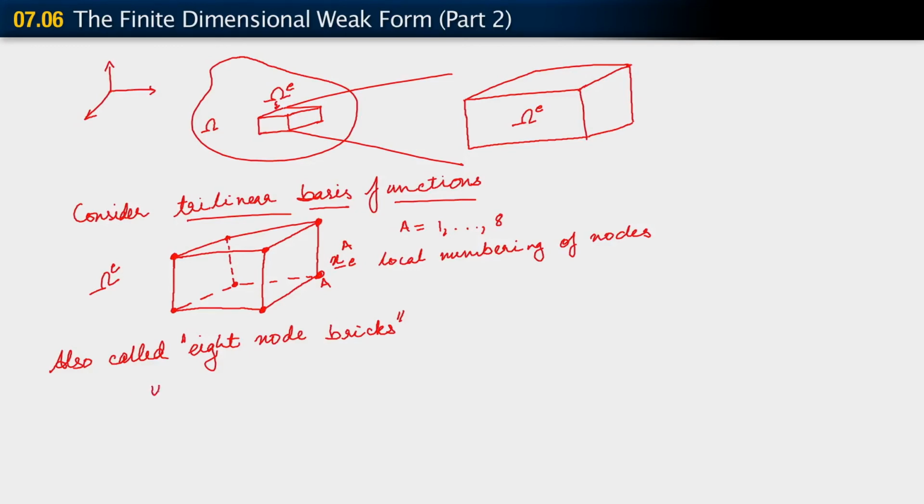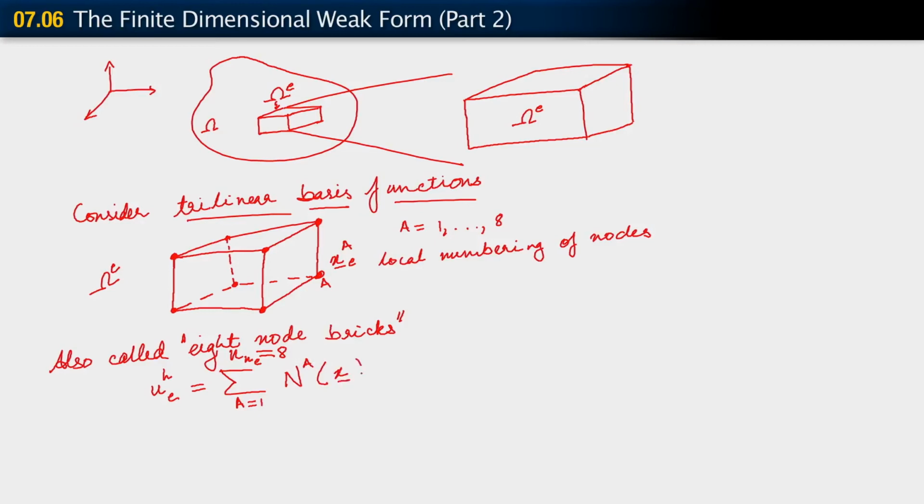So now what we have is u^h in element e, which is the sum over A going from 1 to the number of nodes in the element, which we know, by the way, is 8, because we've chosen to construct trilinear basis functions. With this, we have our basis functions, and we are going to use the same notation that we had before.